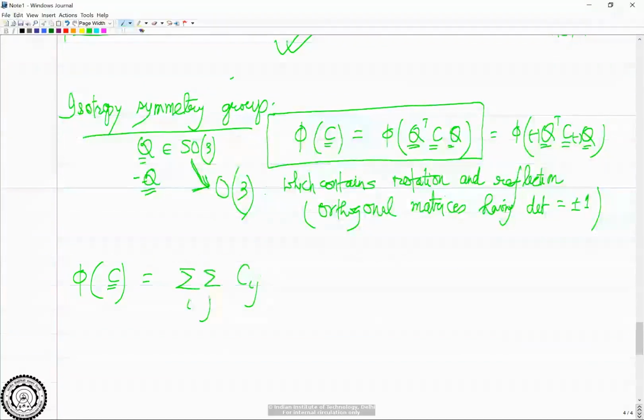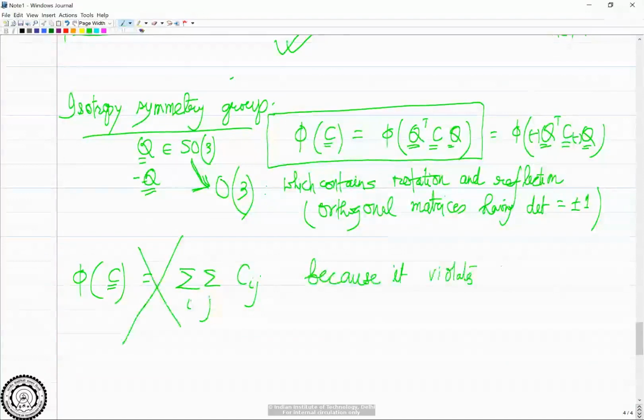It violates this relationship for all Q. So basically the energy can only depend on those quantities which are invariant under this operation.